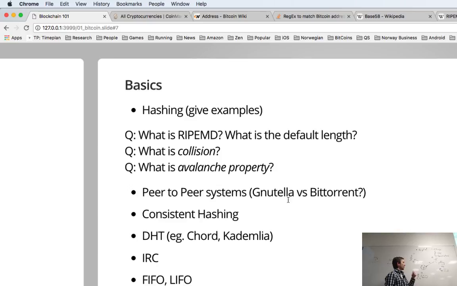But what's the problem with this one? It has 2 problems, let's say, more than 2, but 2 main ones.